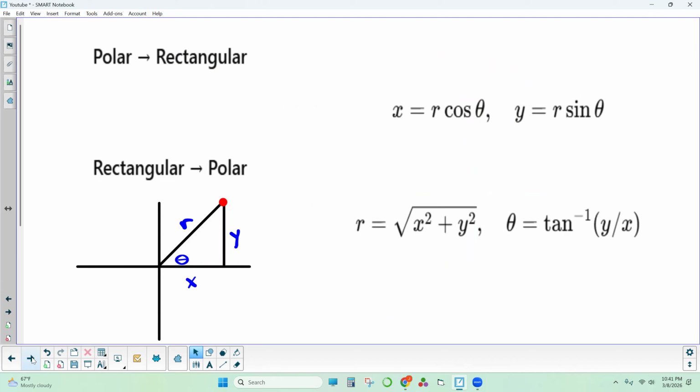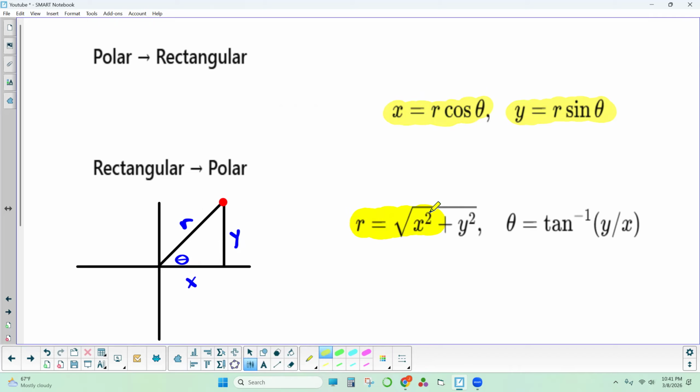From the definition of cosine and sine, we get x equals r cosine theta and y equals r sine theta. And from the Pythagorean theorem, we get r squared equals x squared plus y squared. We take the square root of both sides and we have the distance formula here.